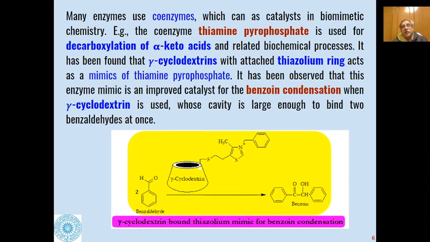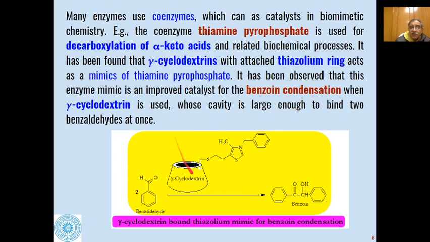Then many enzymes, as we know, use coenzymes which act as catalysts in biomimetic chemistry. For example, we know that thiamine pyrophosphate coenzyme is used for decarboxylation of alpha keto acids.